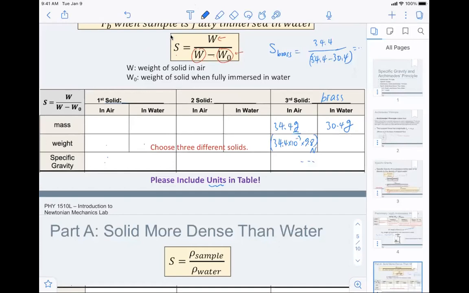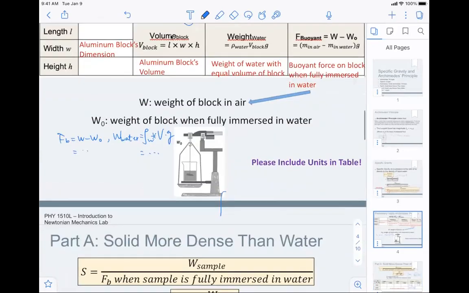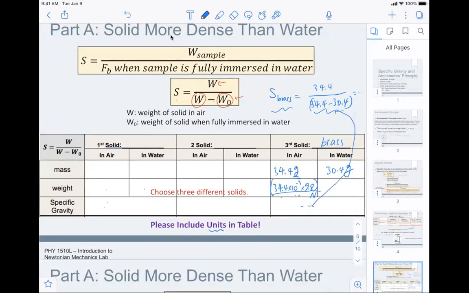That's the weight. Actually, you don't even have to calculate it because, like I said, this calculation doesn't rely on getting this number first. So you can just show me the process, leave it as that, and then do this calculation and give me the specific gravity.